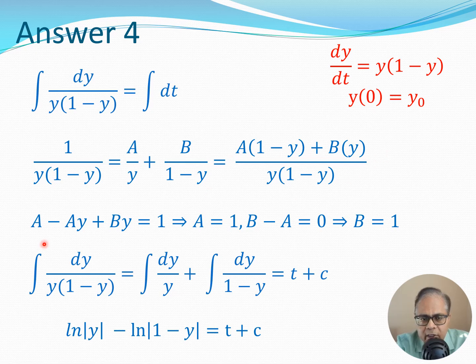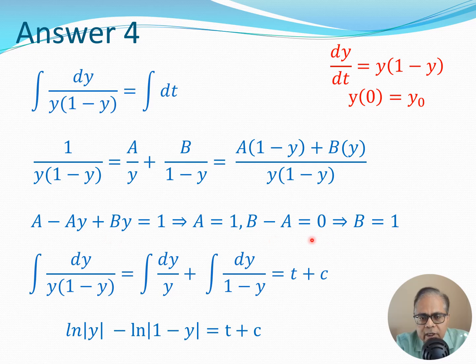Now from here I can immediately write some equations by taking the numerator term and equating it to 1. So I would get a minus ay plus by equals 1, and from this equation I can write that a would be 1 and b minus a would be 0 by taking the coefficients of the constant term and y here.